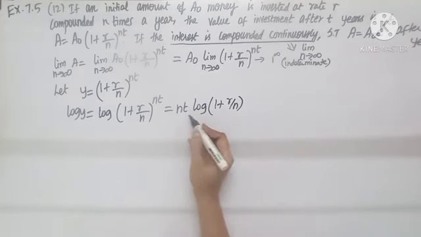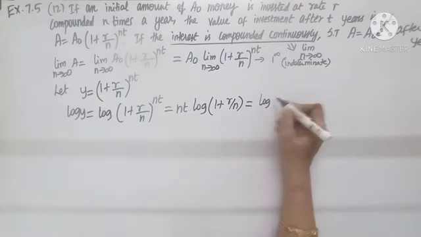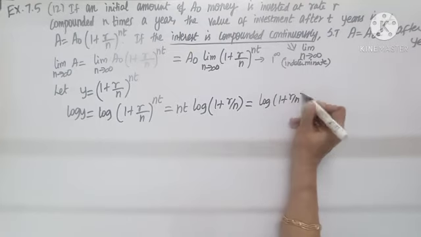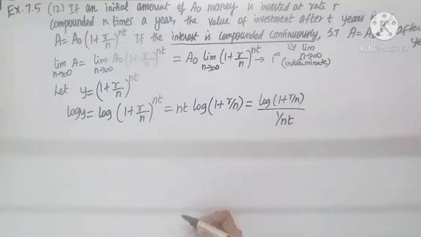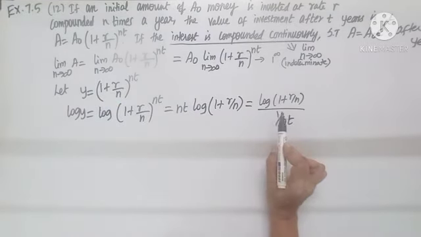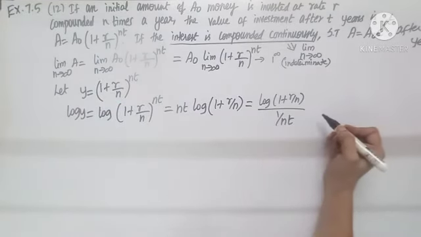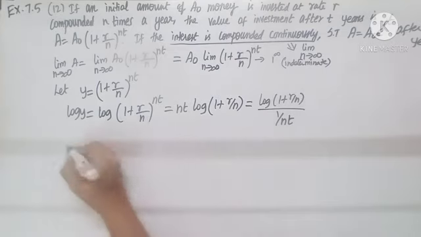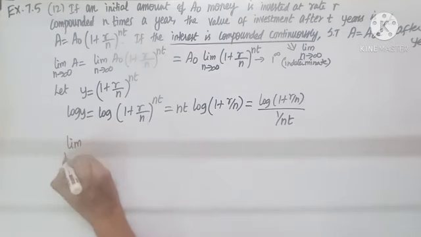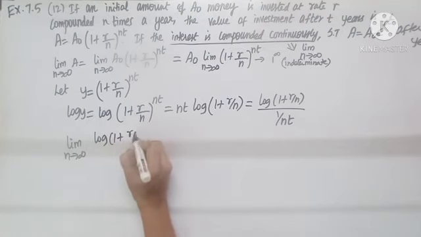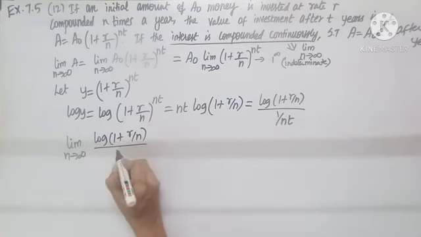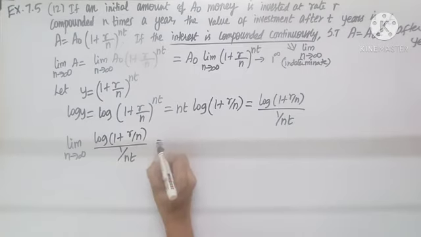Bringing nt down, log 1 plus r by n by 1 by nt. Even if I take limit here, I will again get indeterminate form. So let me put limit n tends to infinity log 1 plus r by n by 1 by nt.